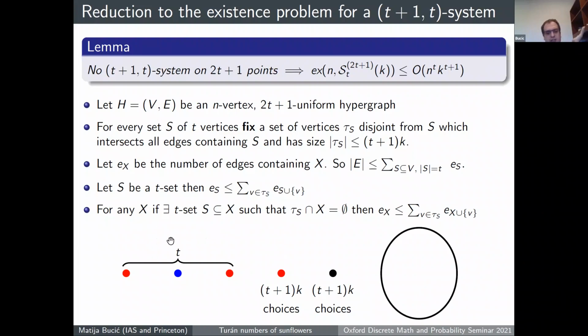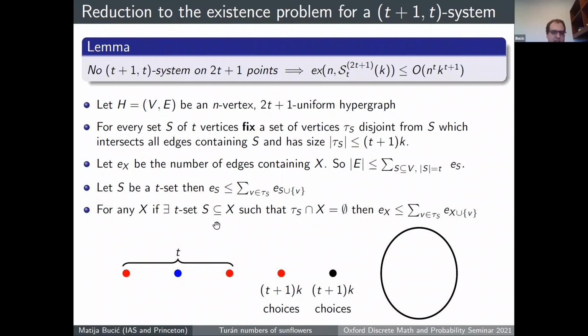And in general, if at the moment we're trying to count how many edges contain a set X, if we can find a t element subset S of X with the property that its fixed cover does not intersect X, then this is a cover of its link hypergraph, and we can do our argument and just divide and conquer and split into t plus 1 times k smaller subproblems.